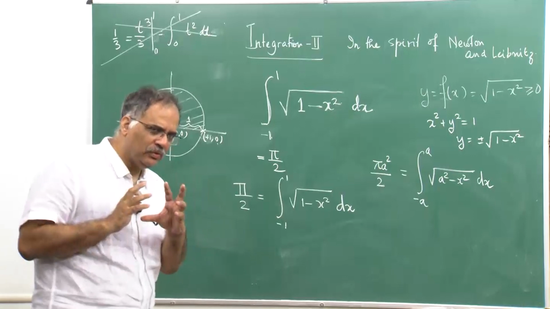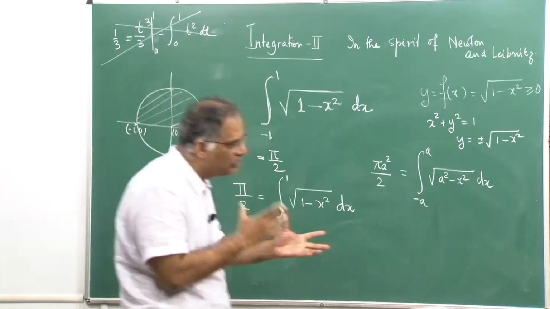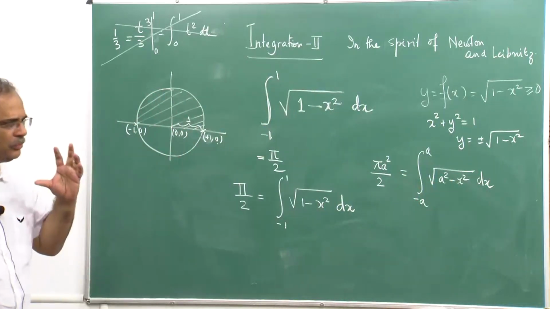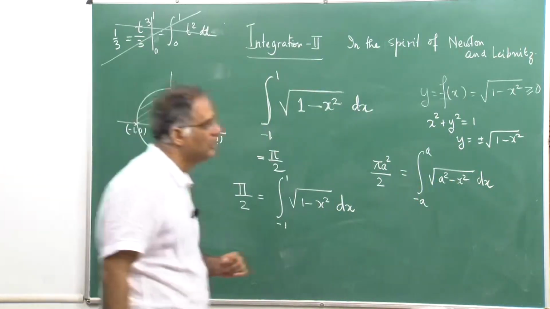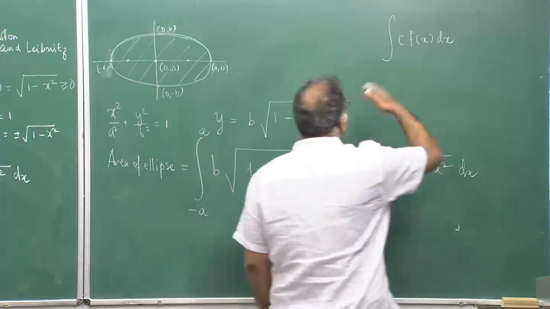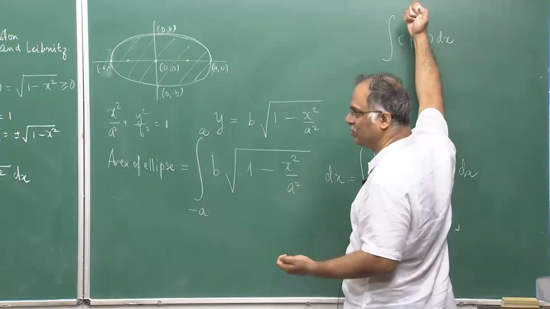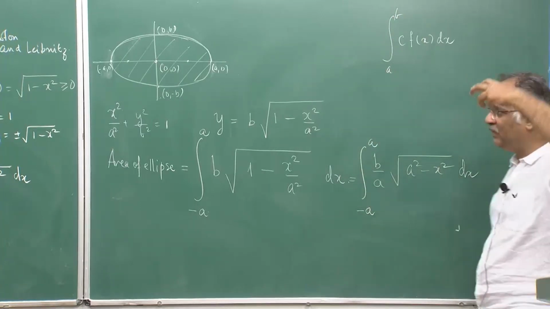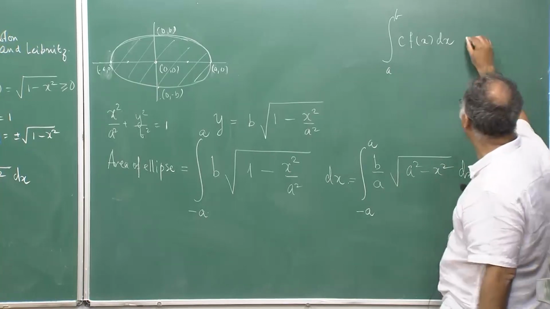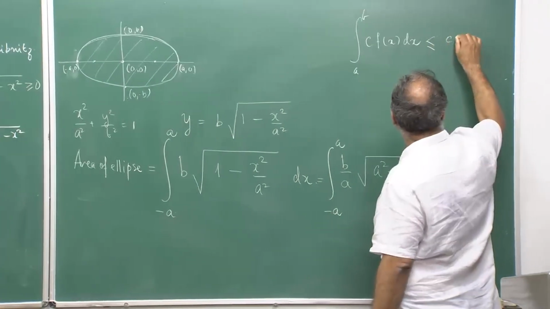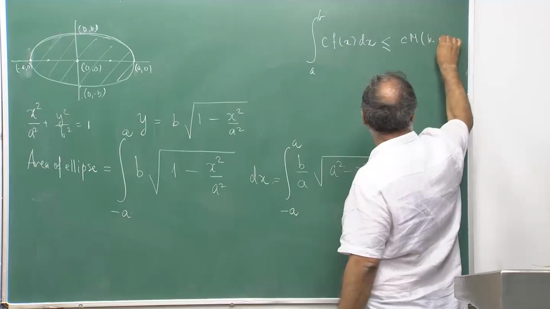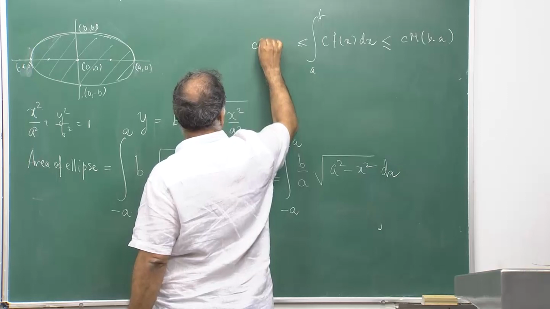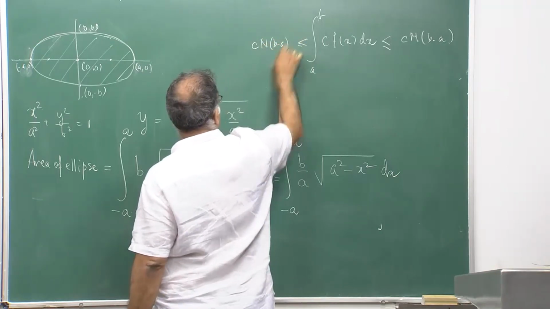See, the best intuitive way to look at it is in this way. Of course, we will do more details about all this, but the way to figure this out is the following. If you scale the function by c, then your maximum value and your minimum value are also scaled up by c. So it will have c times M into b minus a and c times m into b minus a.